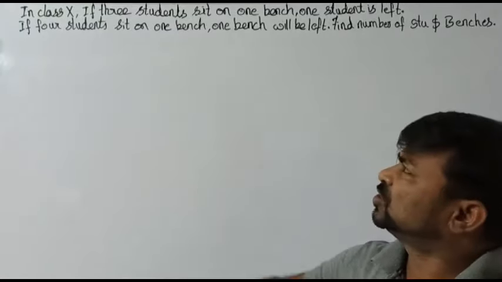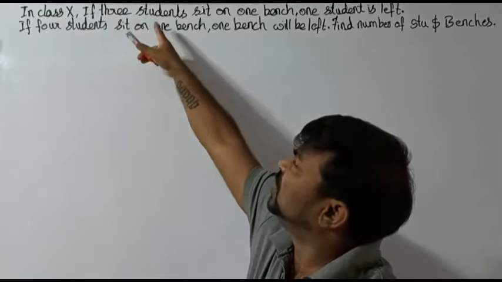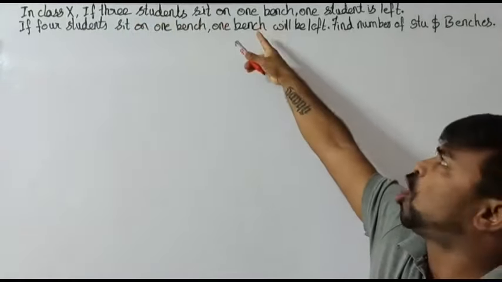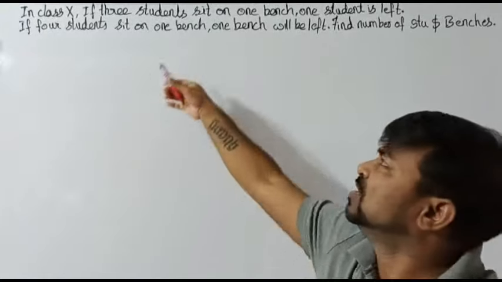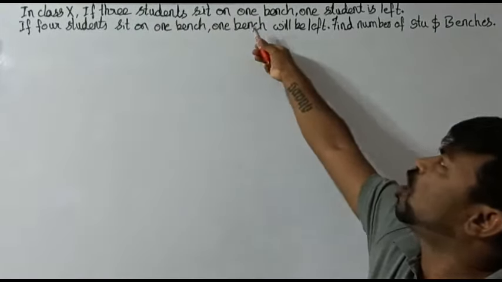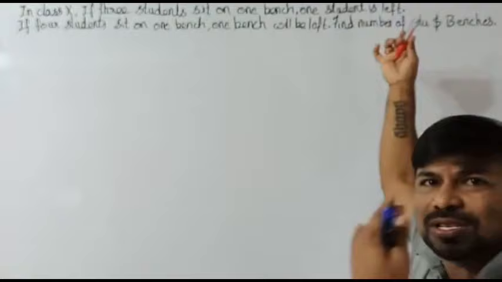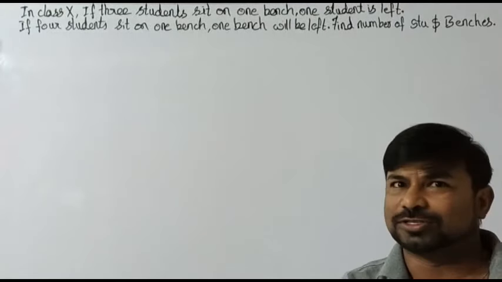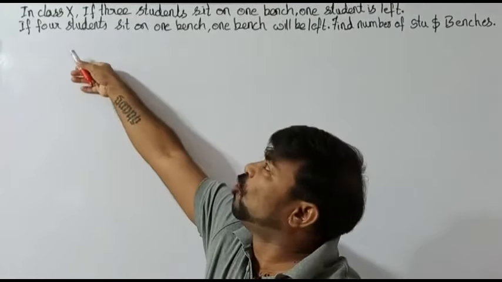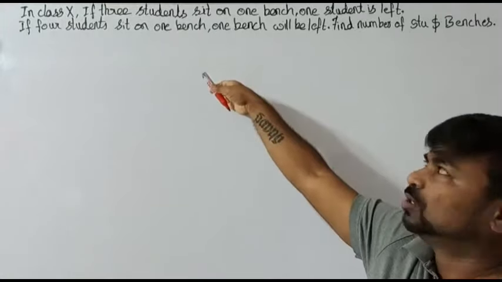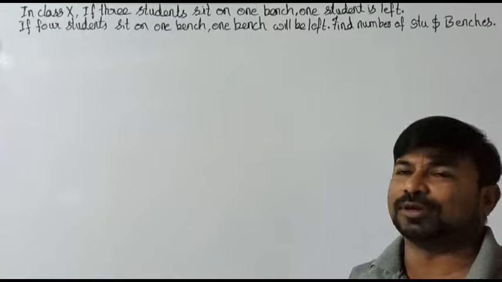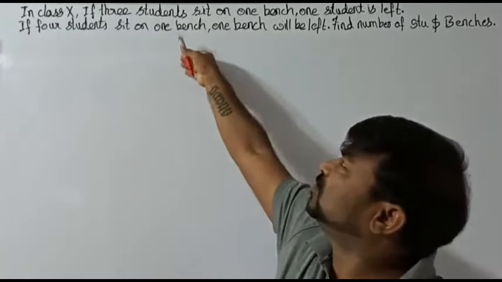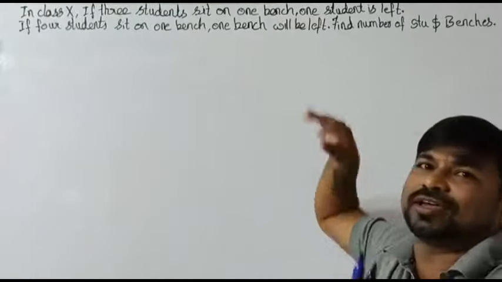If you read the question, in a class, if three students sit on one bench, one student is left. That's the first relation. The next one, if four students sit on one bench, one bench is left.